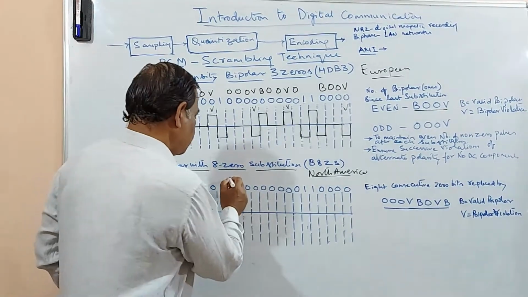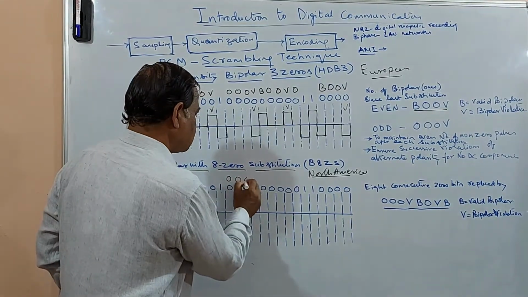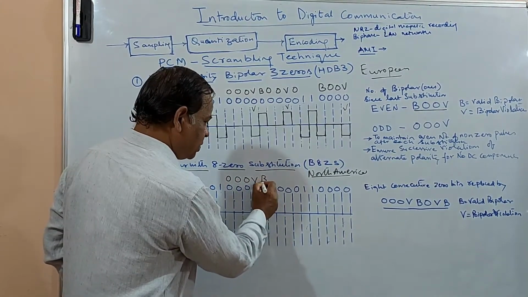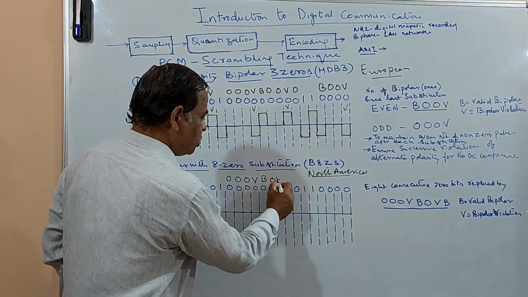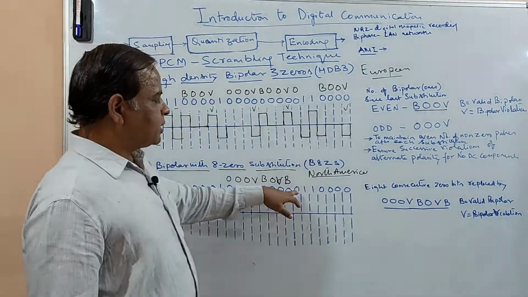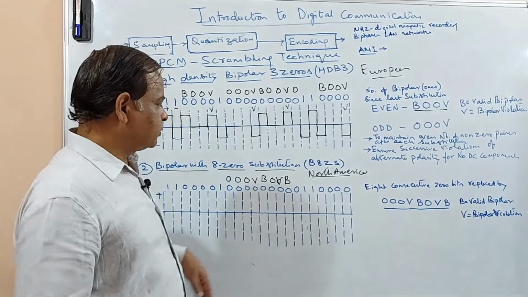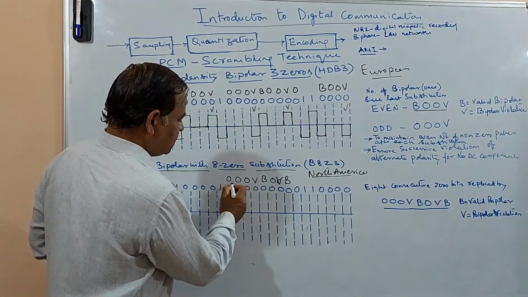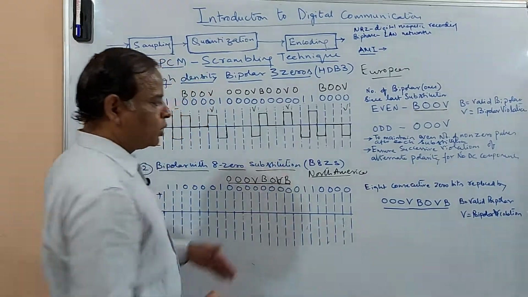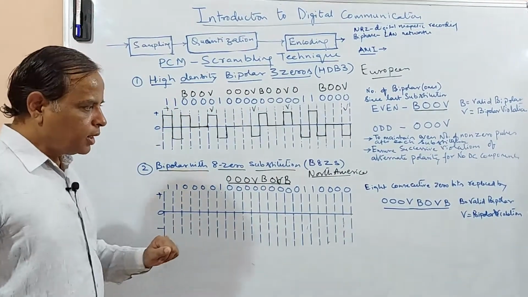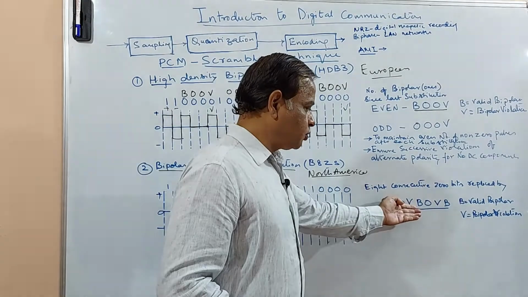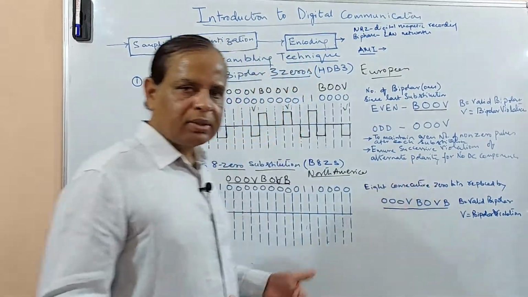So the 8 zeros have to be replaced with 0, 0, V, and then B, 0, V, B, and it continues like that. So what you remember is 3 zeros, V, B, 0, V, B. That's it.